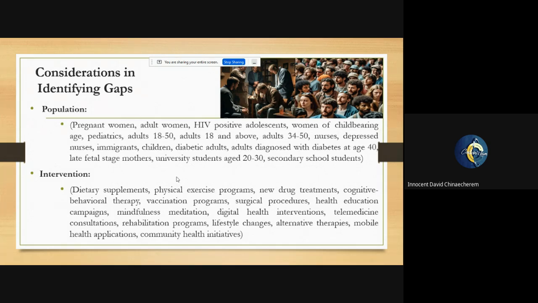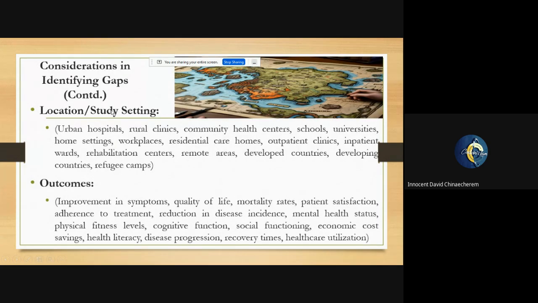So this is based on population and intervention. Now, it could also be based on location. Just like I said in primary research, we could identify gaps. Maybe this could be China, India, Nigeria, South Africa, Imo State, in a patient clinic, in a hospital.